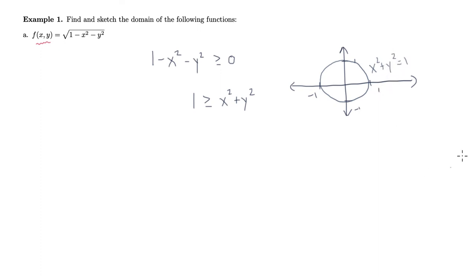If I want x squared plus y squared to be less than or equal to 1, my domain consists of points inside this circular disk here. So the algebraic manipulation here to find the domain is very similar to what you do in one variable. You just have to realize that the restriction on your xy points are coming from the plane, like regions like a disk or something like that.